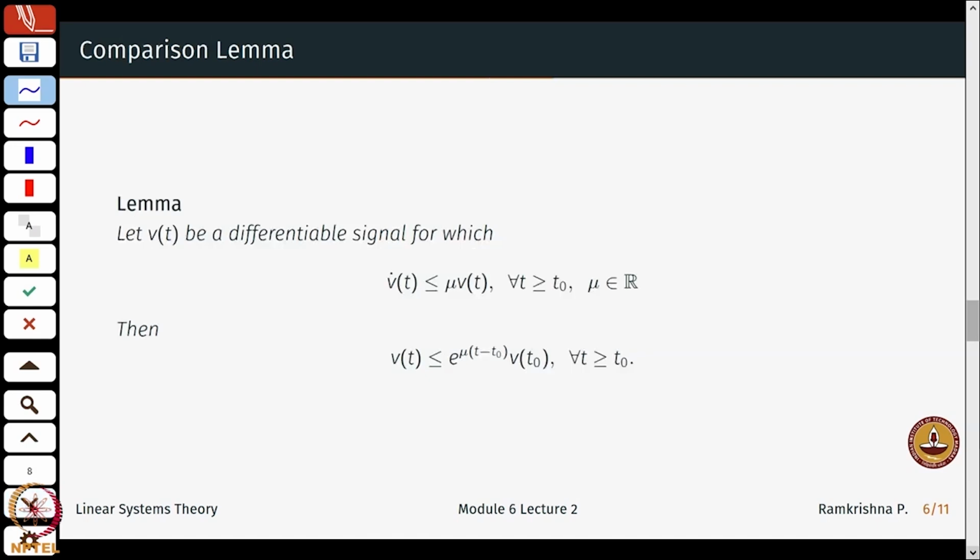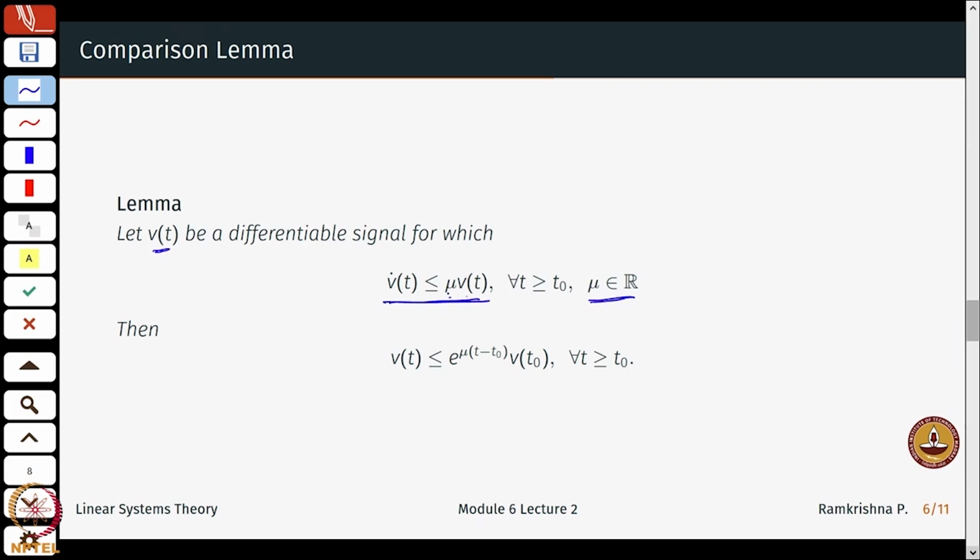Okay. Now another result that we will use later in the proofs is the following, and I will do the proof of the comparison lemma in a supplementary lecture after I finish the main lectures in this week 6. So start with a differentiable function V of t, a differentiable signal, for which I have some kind of differential inequality involving V, that V dot of t is less than or equal to mu times V of t, for all times t greater than t 0 and mu being some scalar quantity.